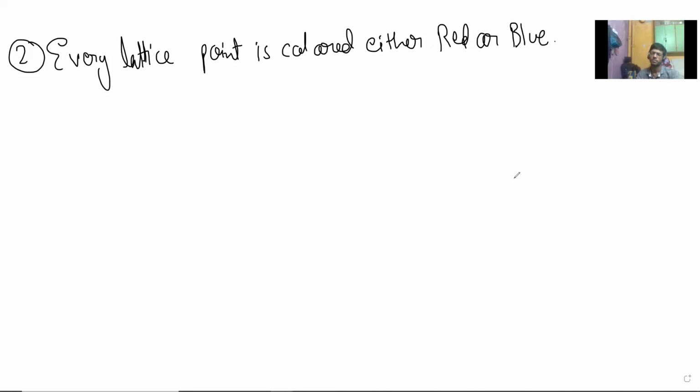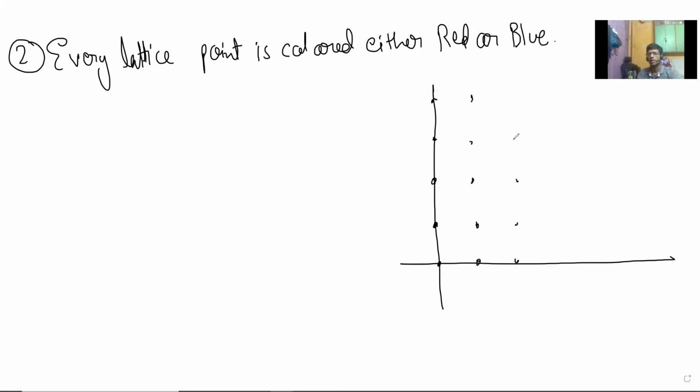Lattice point just means those with integer coordinates, but you can just focus on the upper part, this part that I've drawn. So there is a grid and every point is going to be colored. I'm not coloring it now. It goes on and on. Red or blue.